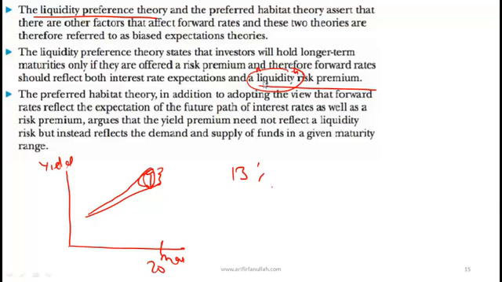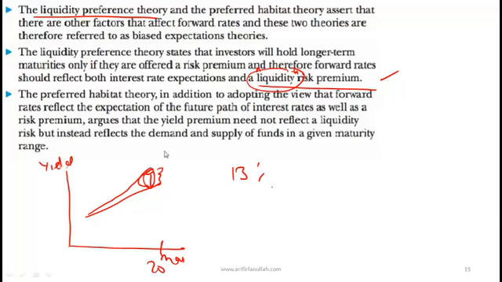So that's what we'll call it. If you read the curriculum carefully enough, even they comment on this. Okay, so that's our liquidity preference theory, and what you need to do is just memorize these statements from the summary. And finally, the preferred habitat theory, this was our third theory.